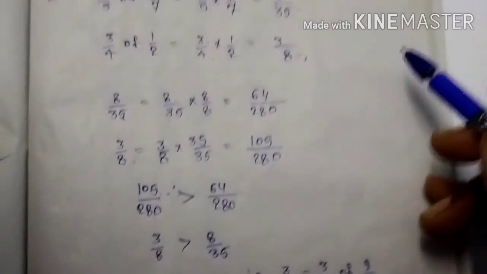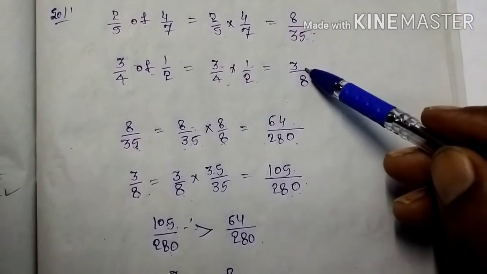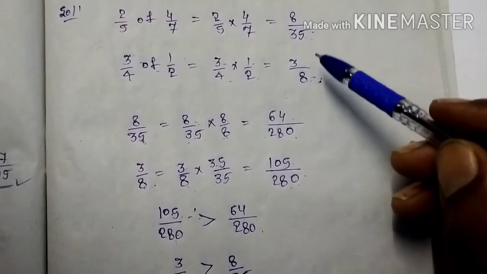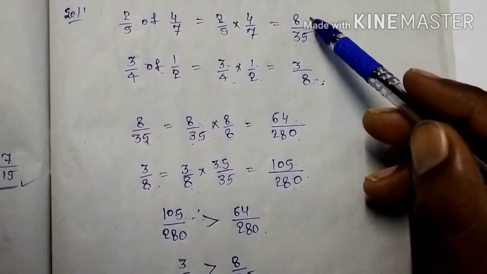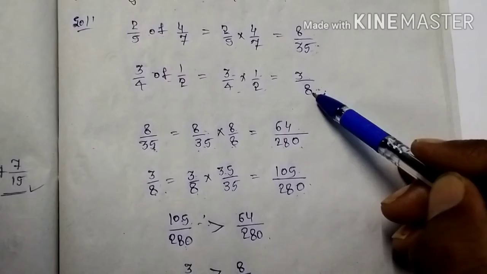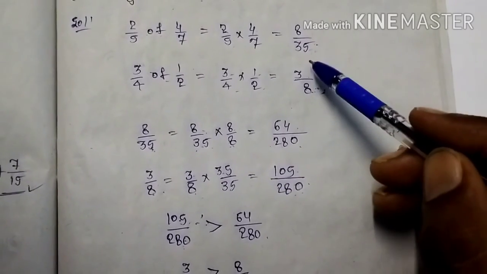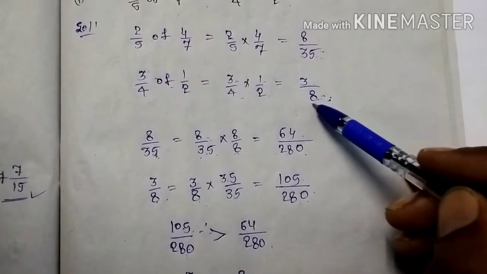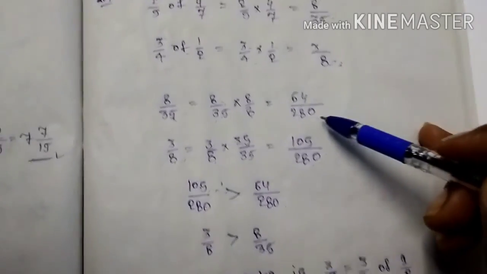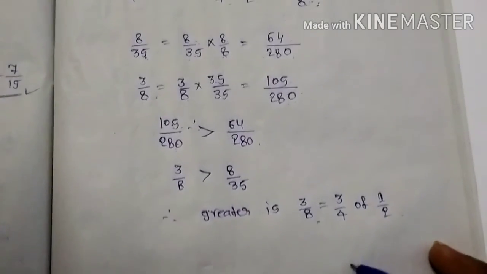Once you observe here, first of all you find the product, then you find the LCM. Otherwise, without LCM also, just remember here, you can multiply and divide the first fraction with the denominator of the second fraction. Next step, multiply and divide the second fraction with the denominator of the first fraction, and then you can compare. You will get answers directly.